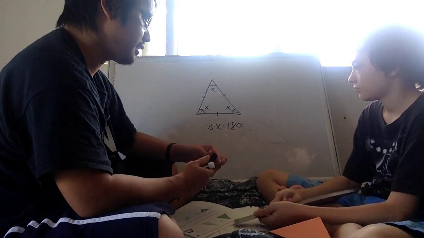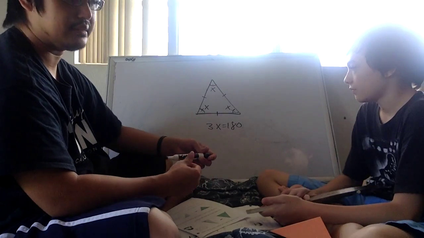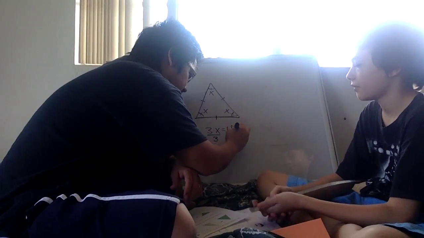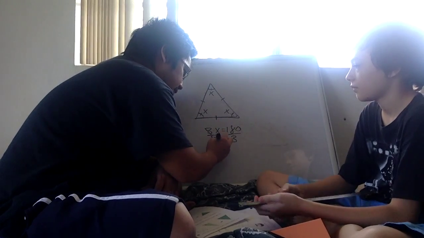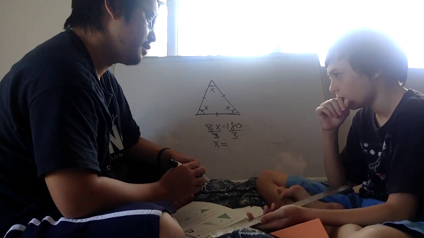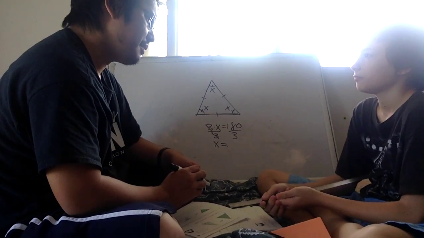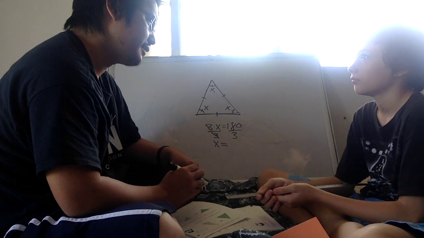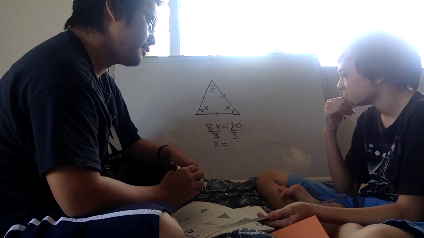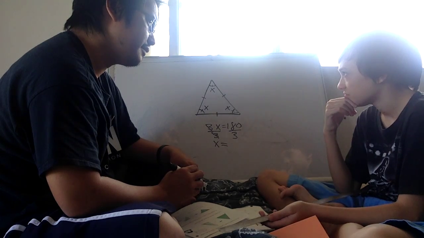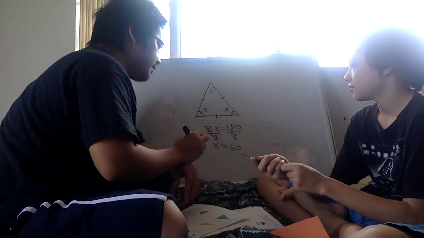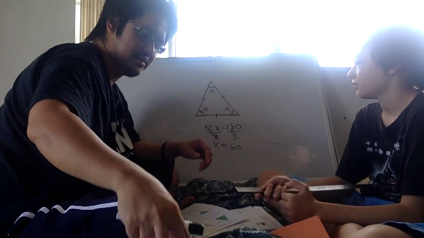So 3 times x, which we don't know, is equal to 180. How do we get rid of the 3? You divide 180 by 3. Good. So x is equal to what's 18 divided by 3? 6. Good. So it's 60. X is 60.